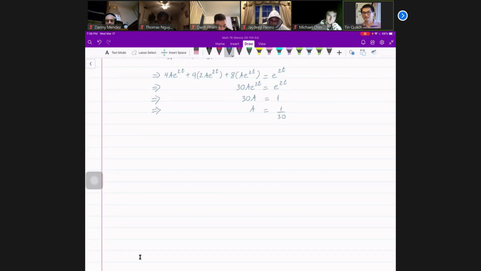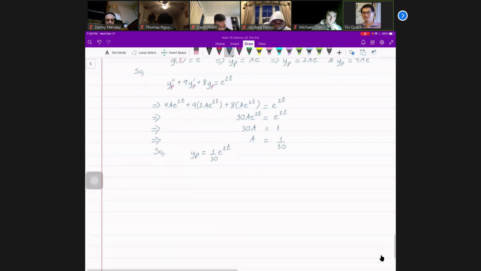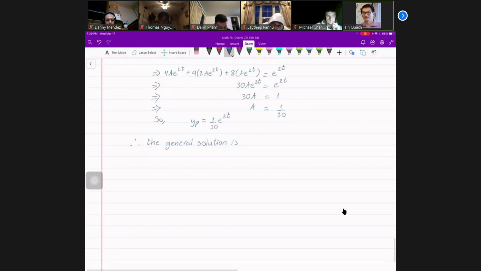Okay, so from here, you know y sub p is equal to a, right, which is 1 over 30 e to the 2t. Okay, so with that said, then the general solution is, well, I've been doing too many examples for you.